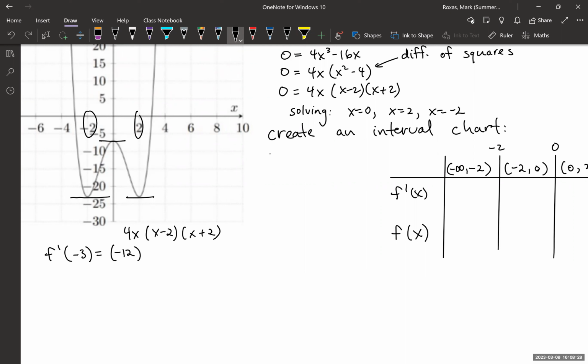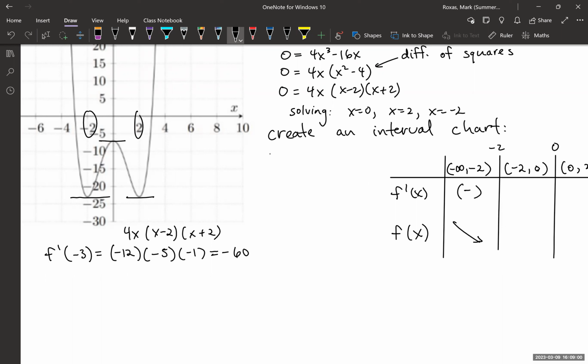So -3 minus 2 is -5 for the second factor, and then -3 plus 2 is -1 for the third factor. Even without paying attention so much to the numbers, I can expect a negative result because I'm multiplying 3 negative numbers. So it's -60 is the result, but I don't care so much about the 60 part. I just care that it's negative. So in my interval chart, the derivative is negative in that interval, so my function f of x is decreasing from negative infinity to negative 2.